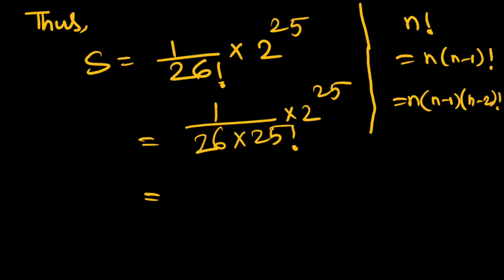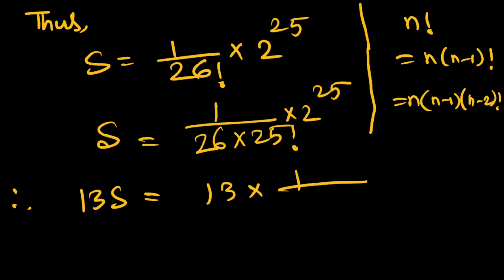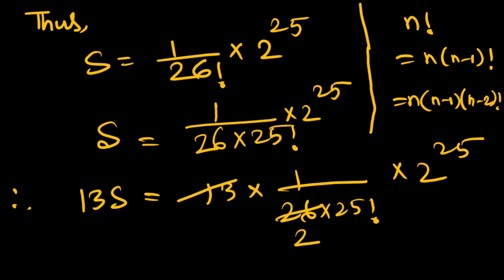Now our actual goal is to find 13s. S is equal to what we got here, therefore 13s is equal to 13 multiplied by 2 to the power 25 over 26 into 25 factorial. So 13 and 26 cancel by 2, so it will be 2 to the power 25 over 2 into 25 factorial.